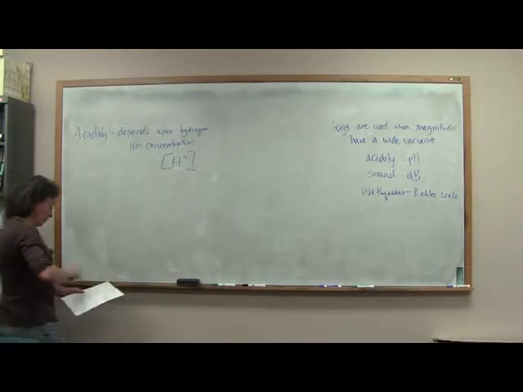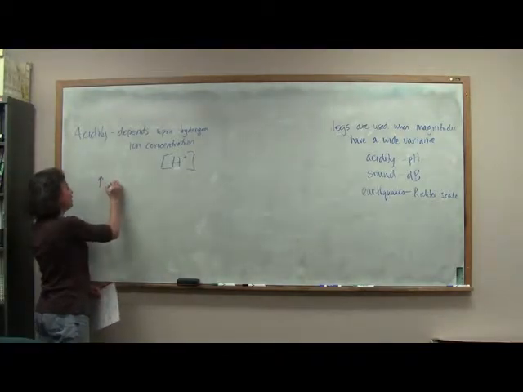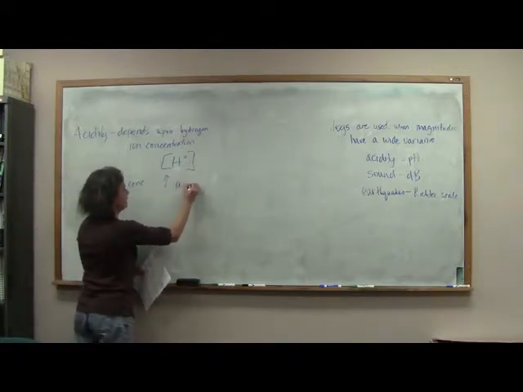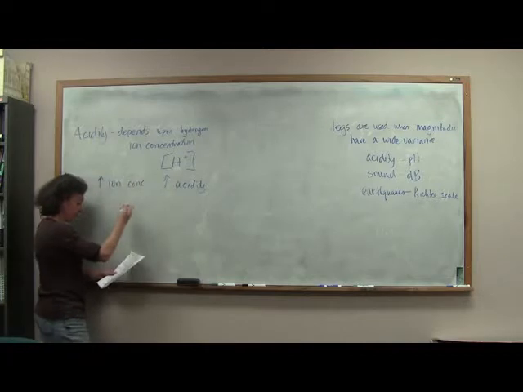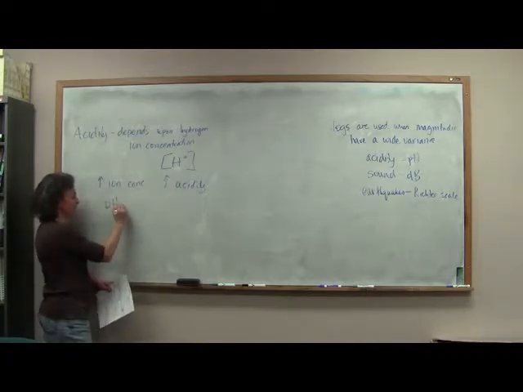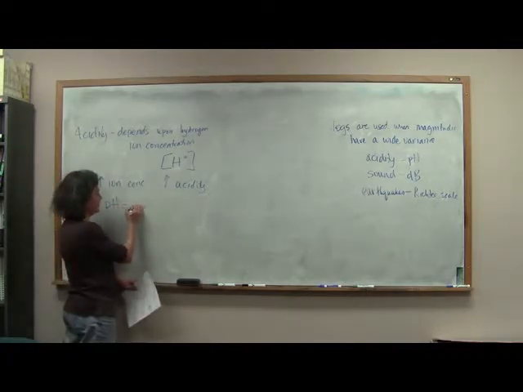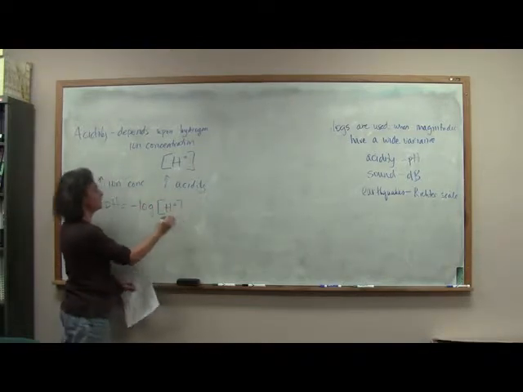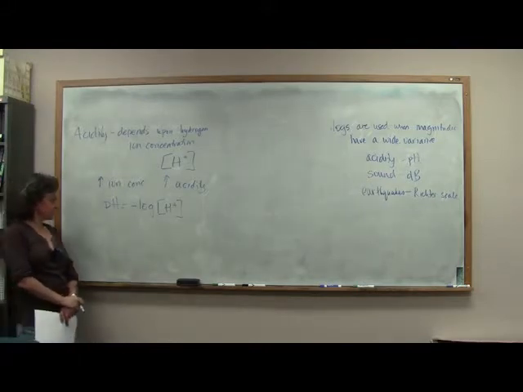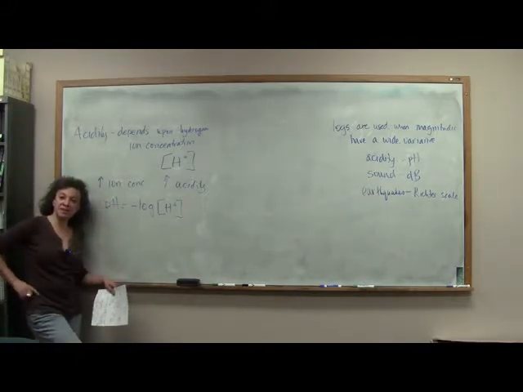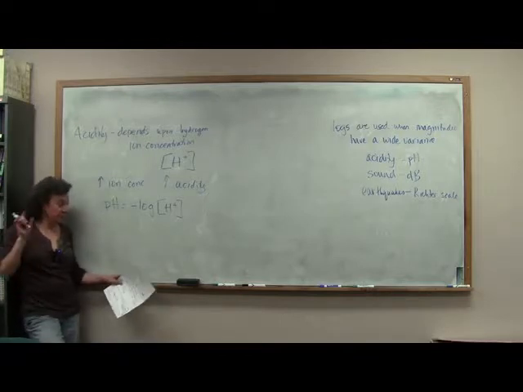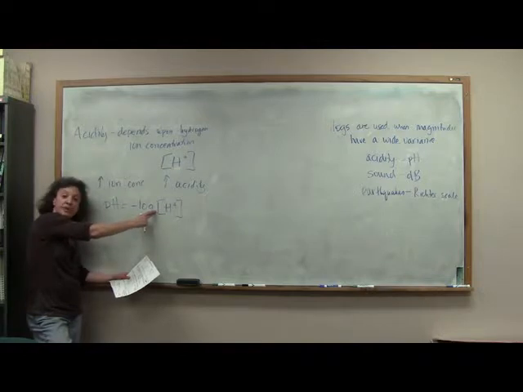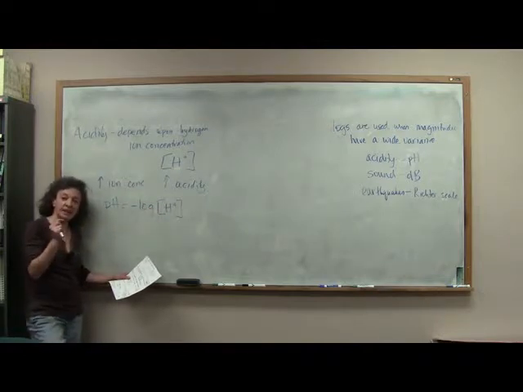It turns out that the higher the ion concentration, the higher your acidity is. There's a formula for this. The pH is the negative log of your hydrogen ion concentration. You don't have to memorize this formula. That will be given to you, so please don't stress about that. Notice there's no base written here, so by default we know it's base 10.